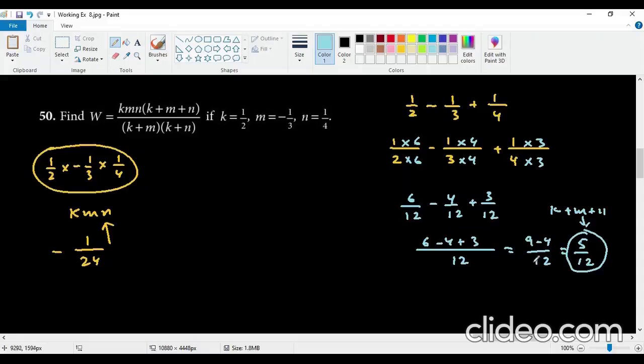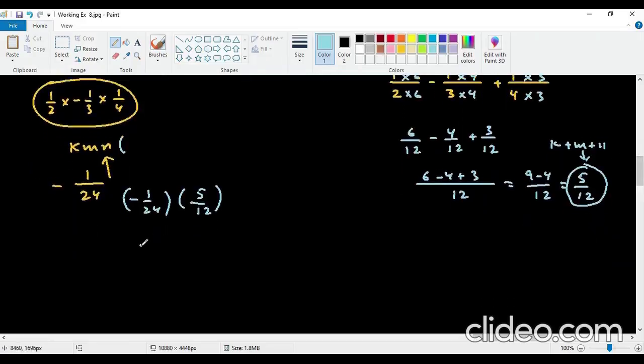Now I need to multiply these two values. I need to multiply the value of kmn with the value of k plus m plus n. So the value of kmn, negative 1 over 24, is going to be multiplied by 5 over 12, which is the value of k plus m plus n. And denominators I'll be doing later.